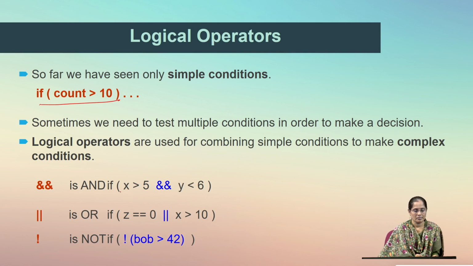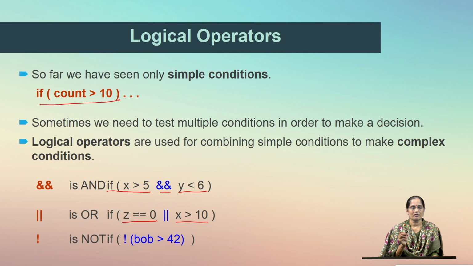This is the example we can see here, if x greater than 5 and y less than 6, only when these two conditions become true, the statement will be executed. In the case of logical OR, we check z equal to 0 or x greater than 10.